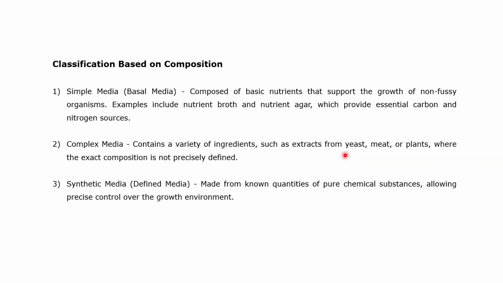So if you take two different simple media, or multiple simple media, and put them together, then it becomes a complex media. In that case also we don't know the exact composition, how much of a particular substance is present. That's why it's called a complex media, because it consists of multiple ingredients and we don't know the composition of that media.